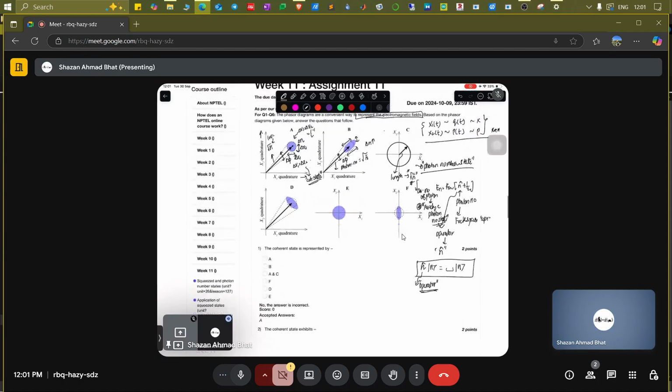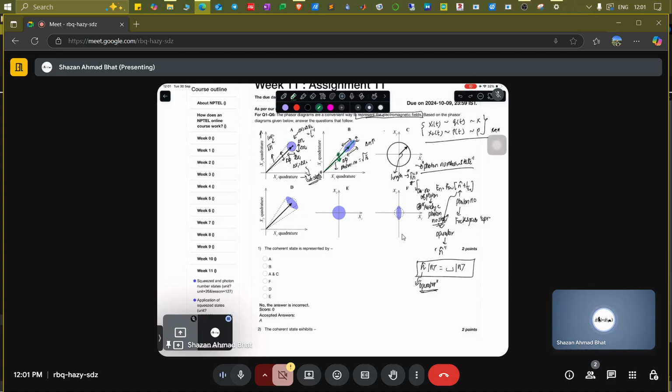So what we were talking about now, if you squeeze it in a single quadrature, you're going to make the uncertainty in the other quadrature increase. That means now you have reduced the phase uncertainty, but you have increased the amplitude uncertainty, because the length of this arrow, the uncertainty in the amplitude, can go anywhere in this purple lobe.